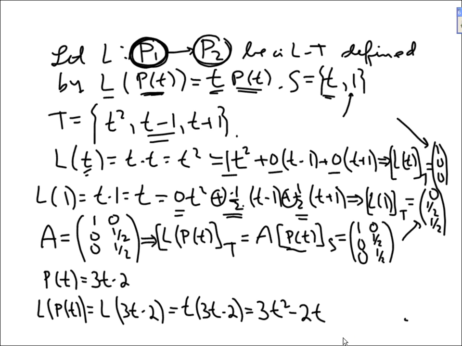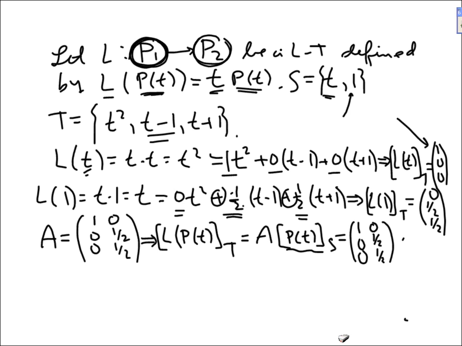What we don't know yet is the coordinates of P of t with respect to S. P of t is 3t minus 2.